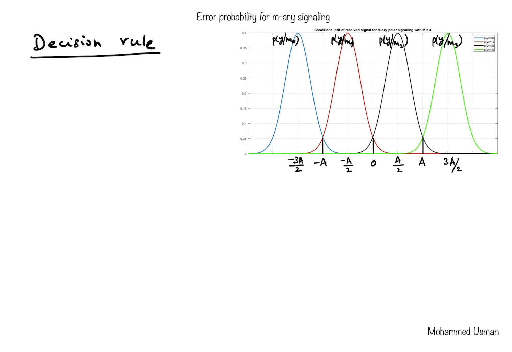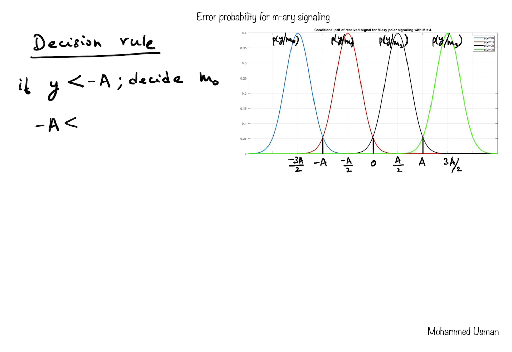So the decision rule is going to be, if the received signal y is less than minus A, decide M0. If the received signal y is between minus A and 0, then we will decide in favor of M1, because in that interval the PDF for M1 has the largest area.